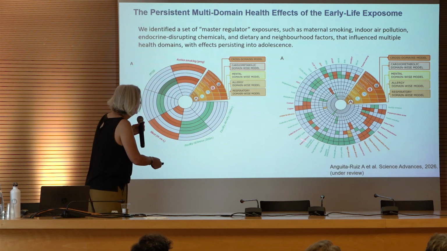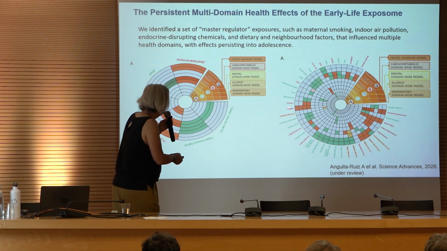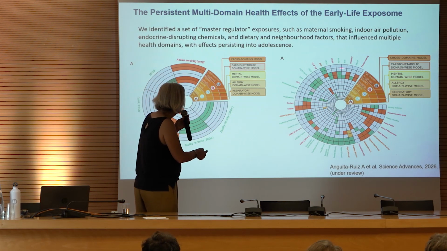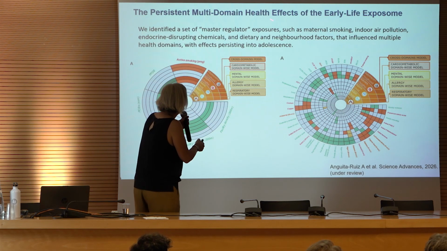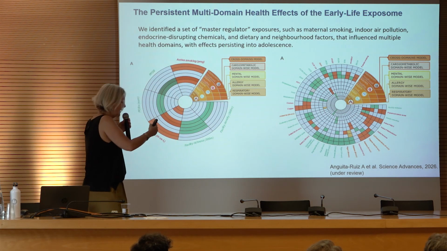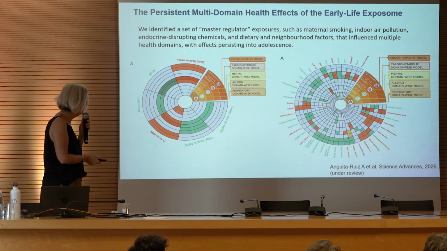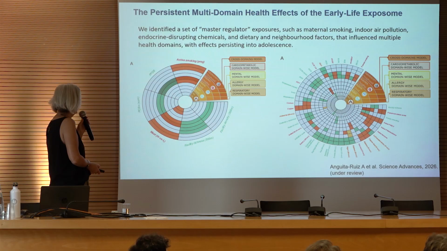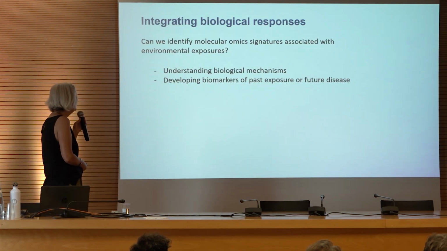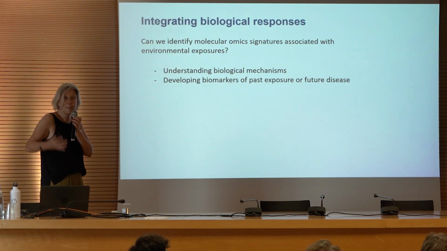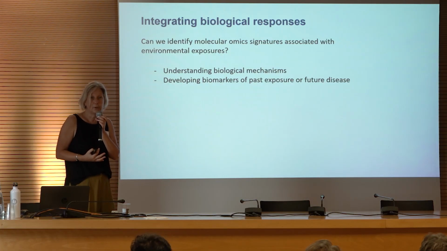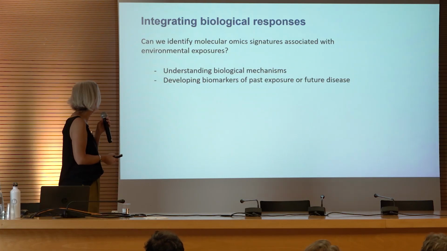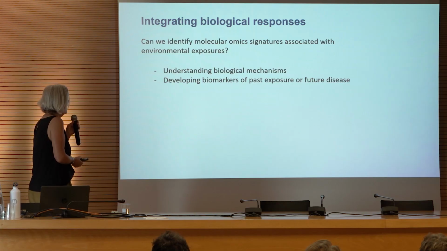And this is for the childhood exposures where you see a much more mixed picture, but still some of the same exposures that we saw when we did our single outcome studies also come up as having an impact across health domains. So those are just examples of the type of things you can do when you take these exposome approaches, these more comprehensive approaches.